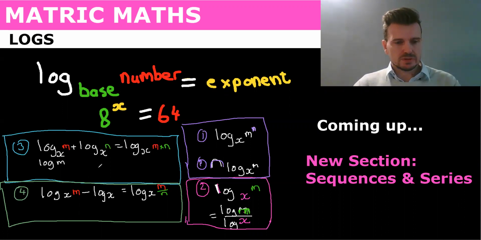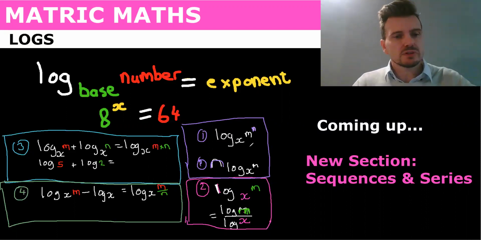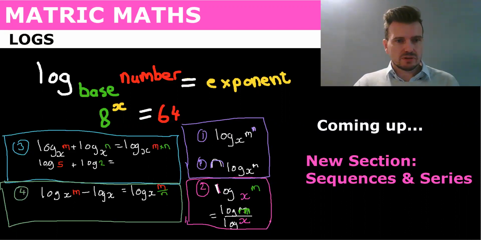So, for example, if you had log m plus log n, say m was 5 and n was 2. Now, we know that the default base of log, if you just see a log 5, is 10.